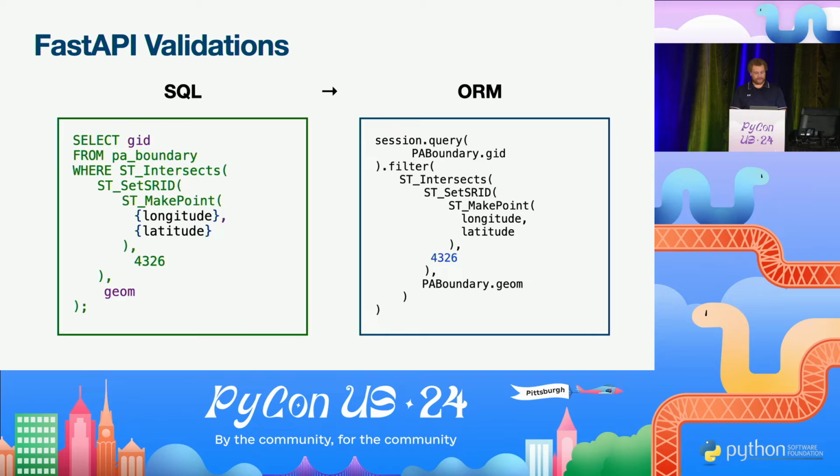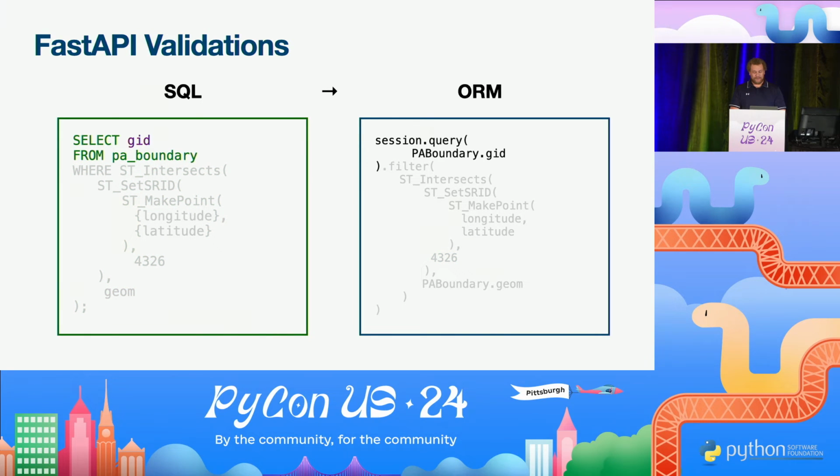So on the left, we have the SQL. On the right, we're going to be using SQLAlchemy. If we start here with just that select portion of it, if we were to translate that using the ORM, we just have this session.query, PA boundary.gid, which is just a table model there.